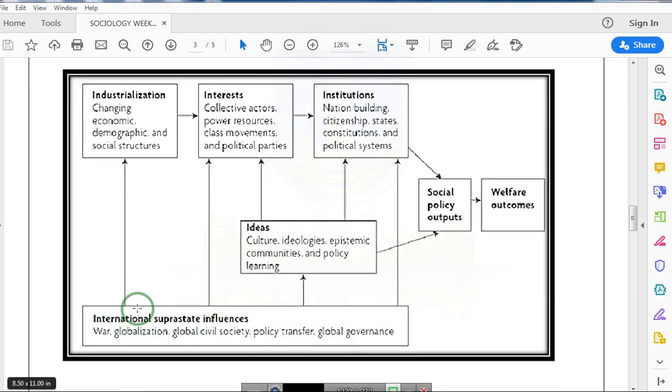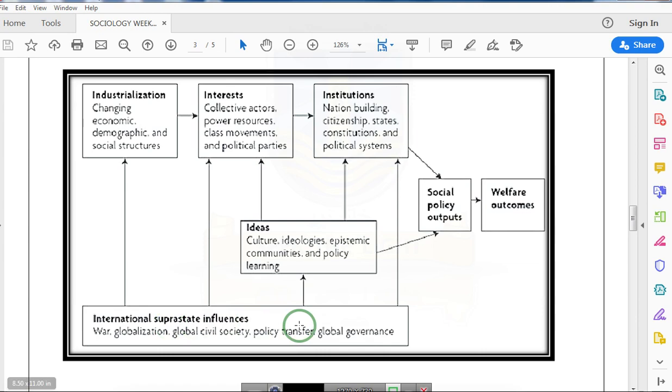Now, we have their legacy in industrialization, changing economic, demographic, and social structures, which would result in interests, collective actors, power resources, class movements, and political parties.